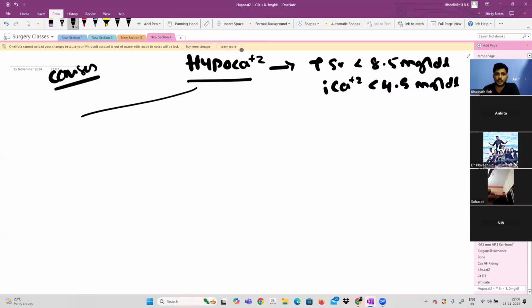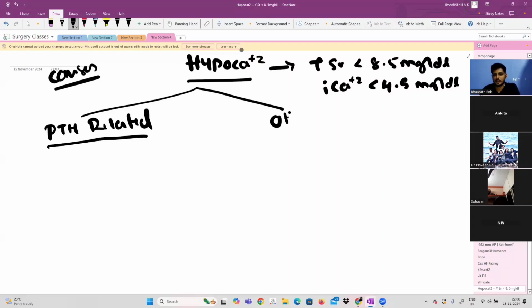So if I want to categorize them, I would categorize them as PTH related, and I would call them others. I would not call them PTH unrelated because in some way, either indirectly also, they are PTH related. So I would classify them as other causes. I'll just list out the causes, then we'll discuss how these happen, right?